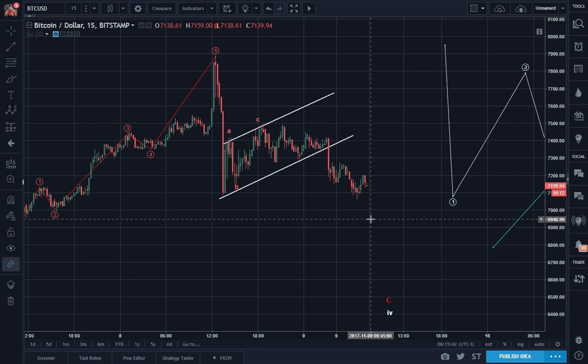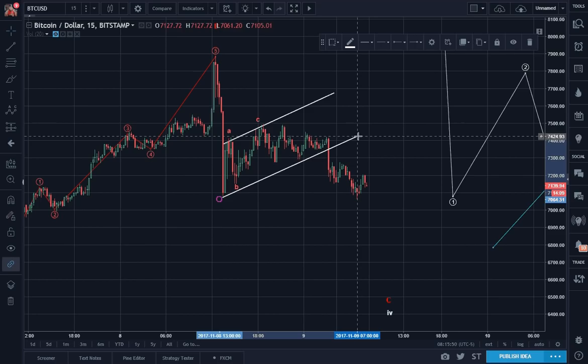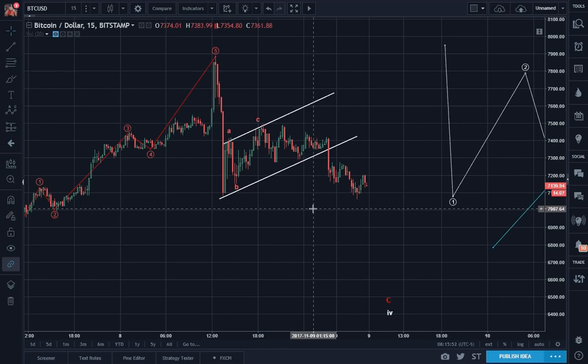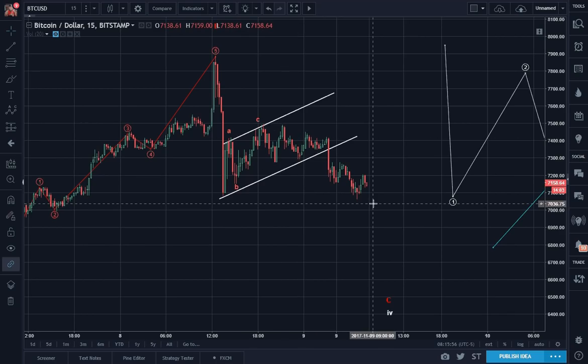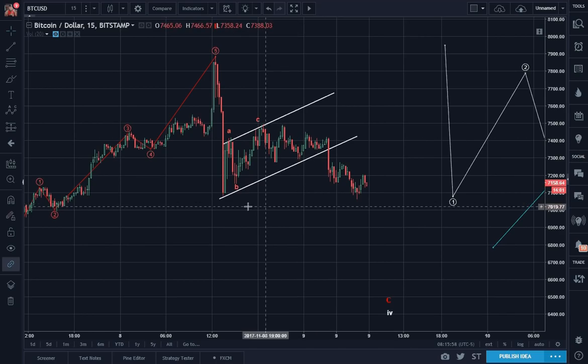Every ABC count can be manhandled into a 5 wave count. It's not cheating. It's trying to see all the possibilities and get the probabilities right. So A, B, C, this is 1, 2, 3, 4, 5. This is 1.